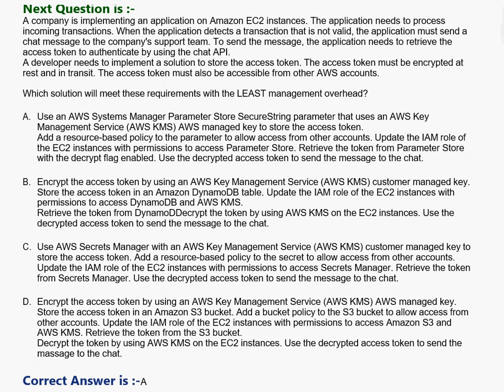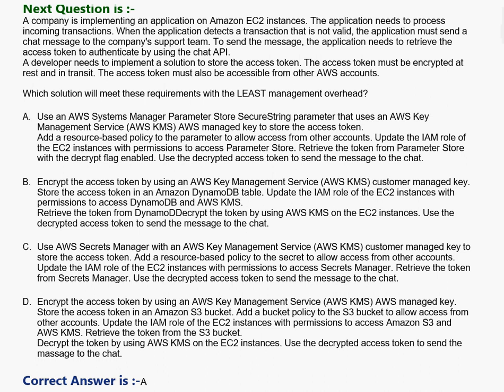Option A. Use an AWS Systems Manager Parameter Store secure string parameter that uses an AWS Key Management Service (AWS KMS) AWS managed key to store the access token. Add a resource-based policy to the parameter to allow access from other accounts.